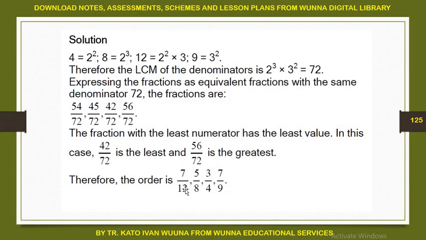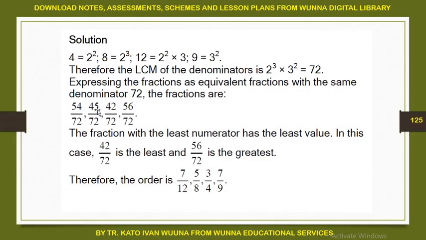This one gives you 6. 6 times 7 gives us 42. So we are going to trace back the original fractions that gave us these numerators, and therefore the one that gave us 42 out of 72, which is 7 over 12, is the smallest, so it comes first.